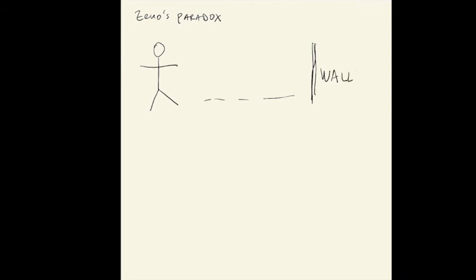The idea of Zeno's paradox is that this guy can only move half of a distance, and after that he can move half of the previous distance, and after that only half of the previous again. So if this is 1 meter, he moves until half, and then after half he can move 1/4, and after that, 1/8, 1/16, and so on and so on.